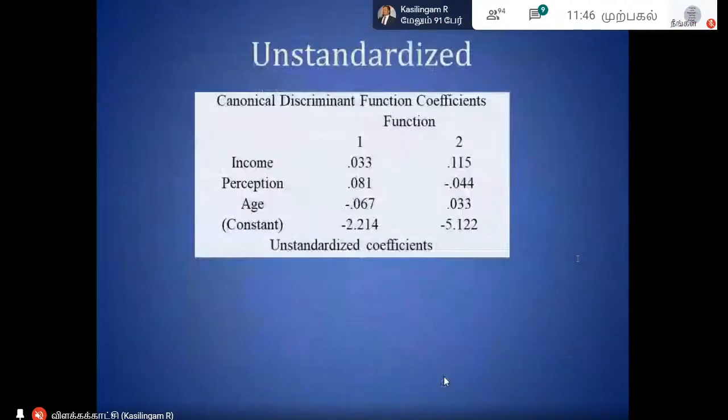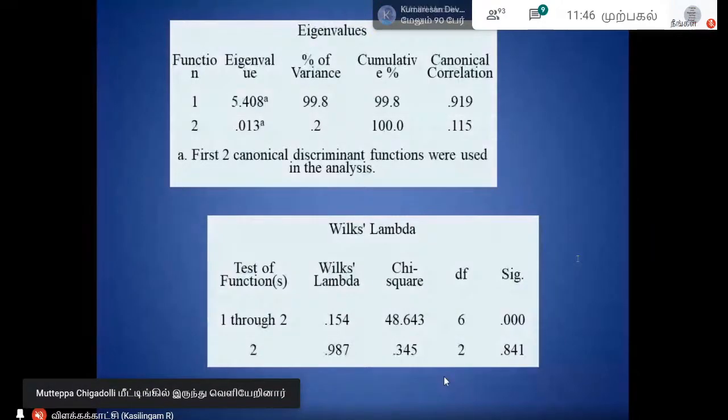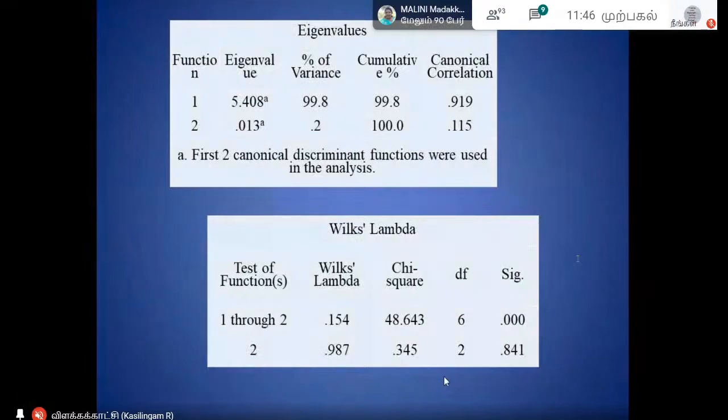Okay, now let us assume that chi-square is significant, but function 2 alone is not significant.